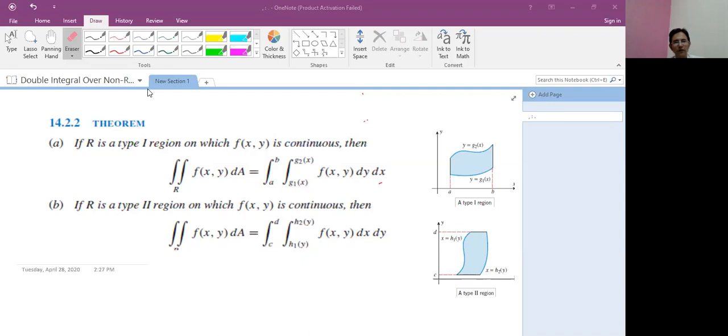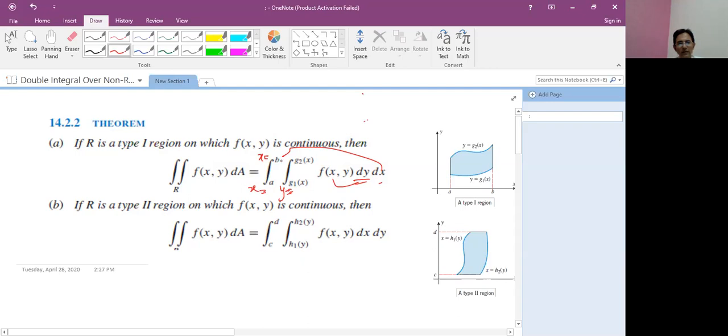So student, there are type 1 region and type 2 region. How can we distinguish between them? If you consider here dy multiplying the function, it means the limit of y and the limit of x. So type 1 region is when the limit of y is in terms of the x variable and the limit of x is constant.